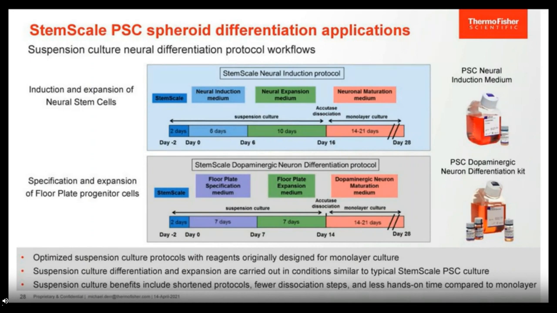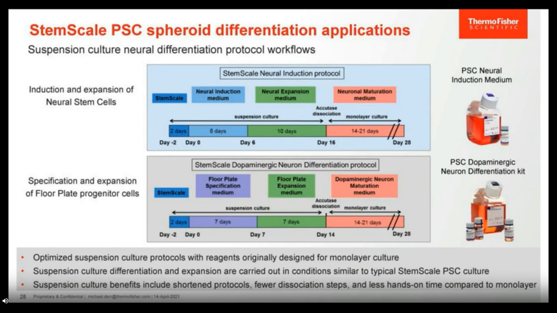Just to give you an overall introduction to these protocols, if we start at the schematic on top, I will walk through the protocol. First, the cells are plated in StemScale medium and cultured for 2 days to form spheres. Then the induction step and the expansion step are carried out in suspension culture, followed by Accutase dissociation and plating the cells in monolayer for neuronal maturation.